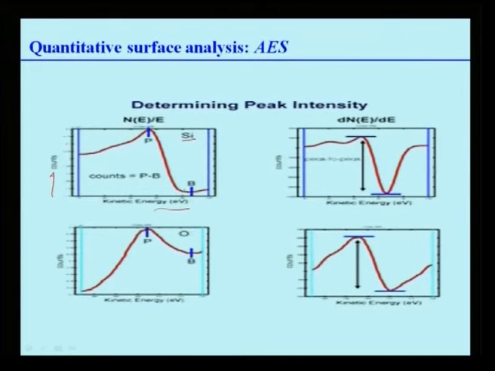The P and B are basically the peak and the background, so you have to consider the peak area this way. On the other hand, if you take dN(E)/dE versus kinetic energy, you get a much better peak. This is your peak area, correct? So it is better to use the dN(E)/dE versus kinetic energy plot to determine the area under the peaks, so that quantification is much more precise.